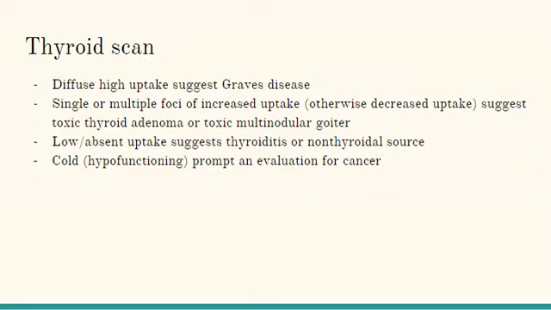If it is low or absent uptake, it would suggest possibly an infectious etiology like thyroiditis, or a non-thyroidal source. Maybe they are popping Synthroid like we mentioned earlier. Along the lines of low uptake, if they have a cold nodule, it would prompt evaluation for cancer.